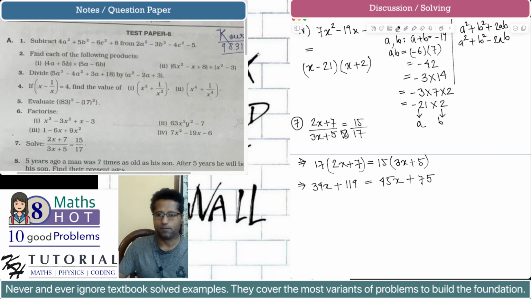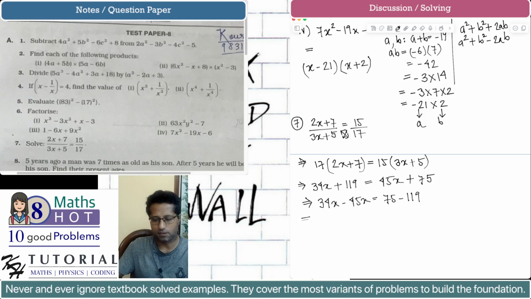Now, I will bring all the variable terms, that is all the x terms, to the left hand side and all the constant terms to the right hand side by transposition of terms, and I get 34x minus 45x is equal to 75 minus 119.